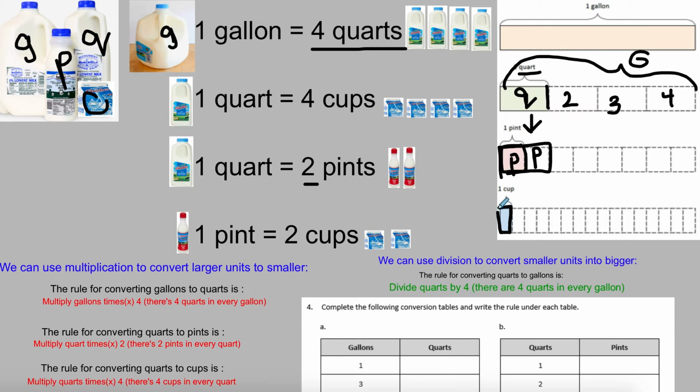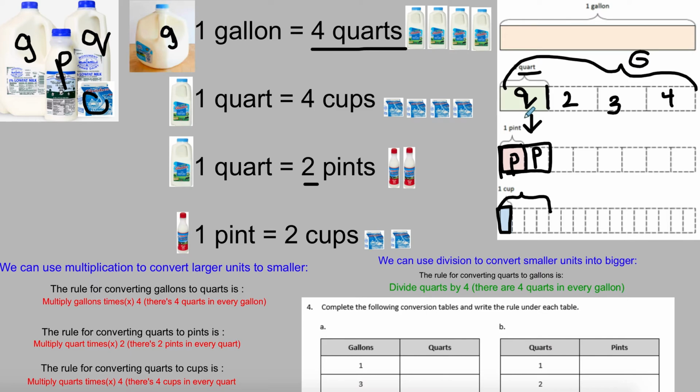It's only 8 ounces, but 1 cup, right? 4 cups equal 1 quart. So 1, 2, 3, 4. If this is 1 cup, 4 cups equal 1 quart.